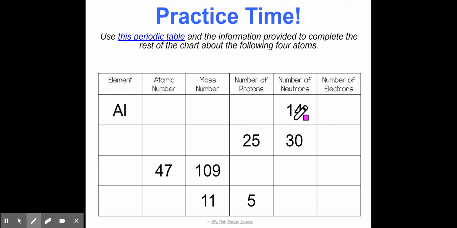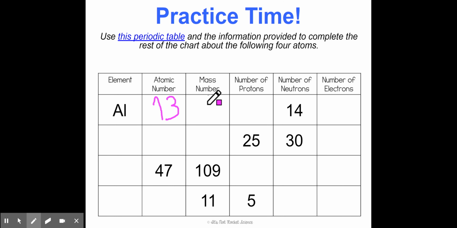Aluminum. The only thing given is the neutron number of aluminum. In the periodic table, aluminum is in the third row on the right side. You should see the first element on the third row on the right side. It says Al, so I can read the atomic number. The first thing you have to figure out is the atomic number, which is 13. Mass number. How can you find the mass number?